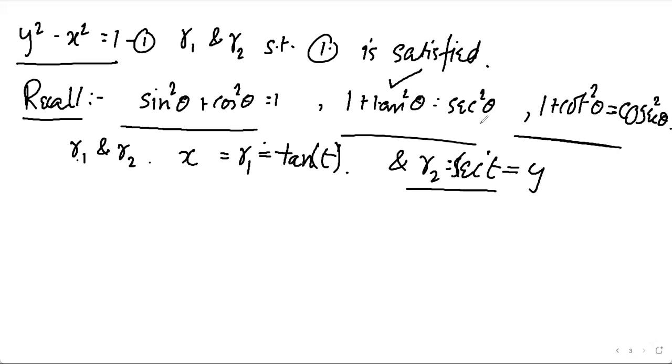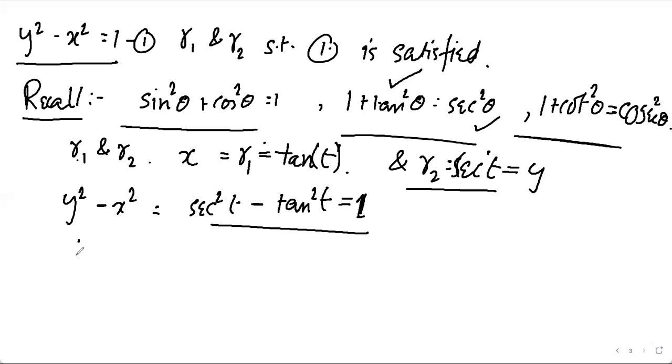So from this identity, y square minus x square is sec square t minus tan square t, which is equal to 1. Hence, gamma t is given by tan t comma sec t.